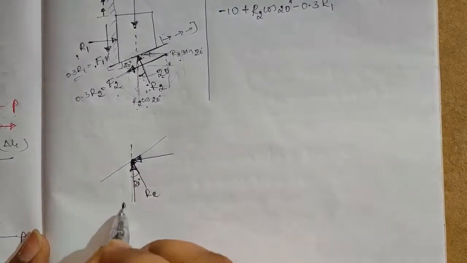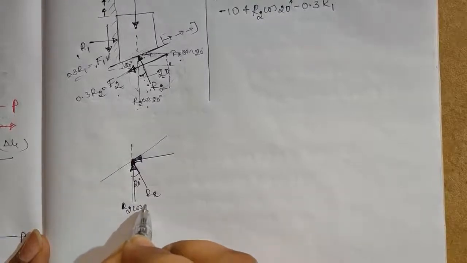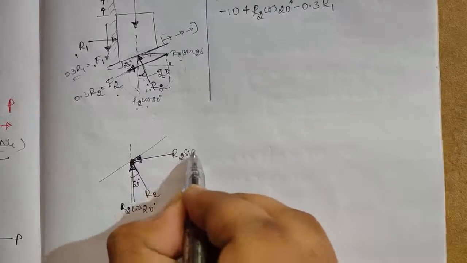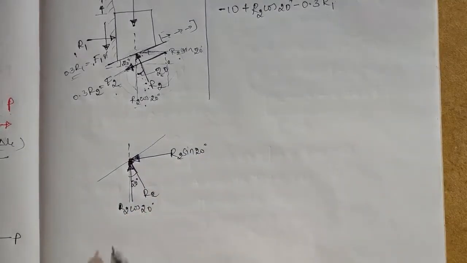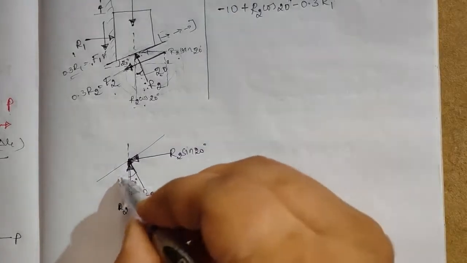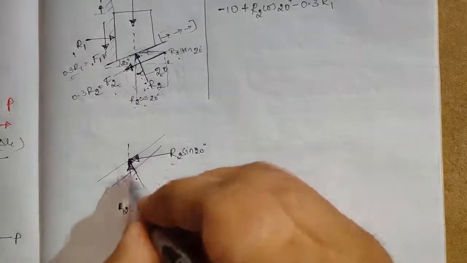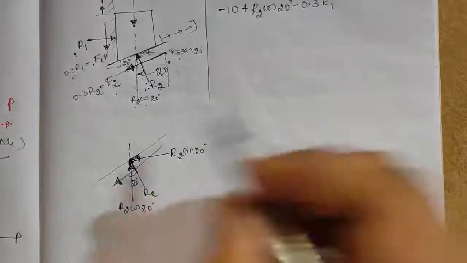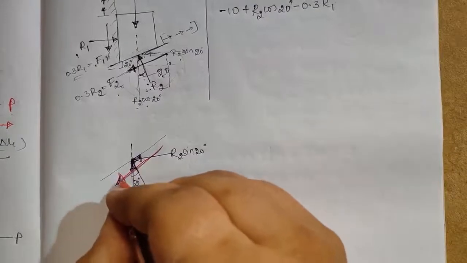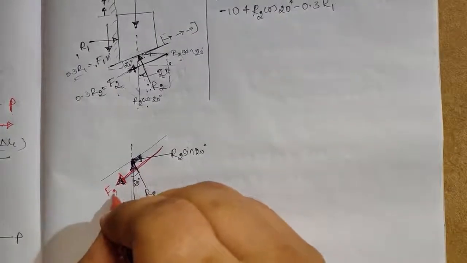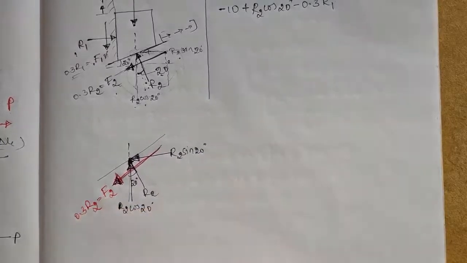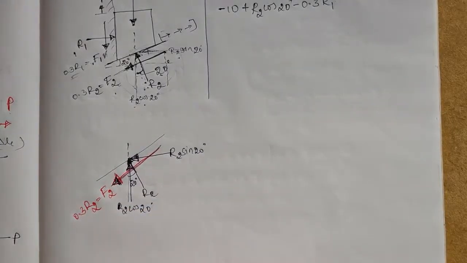Therefore, this will be R2 cos 20 degree, and this will be R2 sine 20 degree. So here another force will be there, like this. Which force is this? This is F2 force, that is 0.3 R2, right? 0.3 R2.